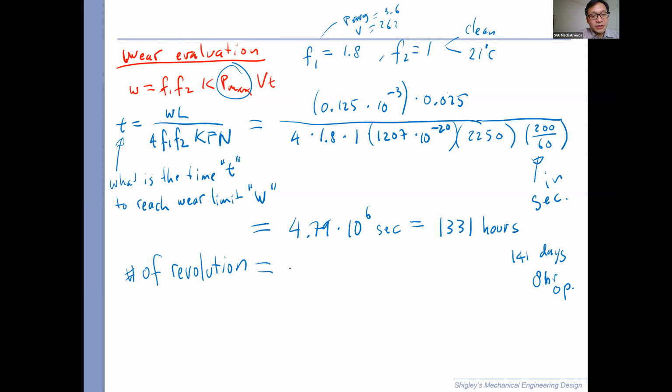Number of revolution is 200 RPM dikali 60 dikali 1331, karena ini jadi menit ya. Ini saya balik deh.